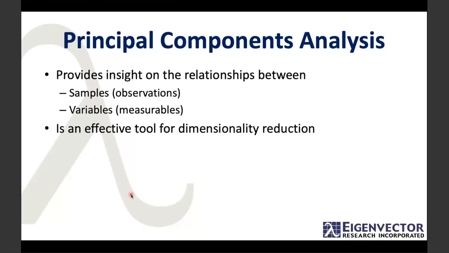It's an effective tool for reduction in the dimensionality of the data. And this is really important to a lot of data analysts, but in particular, we work a lot with spectroscopic data, and even with a moderately sized data set that is, say, 30 samples by 1,000 variables, not all that unusual, you have 30,000 different pieces of information there.